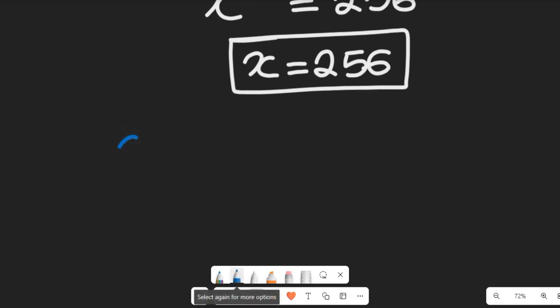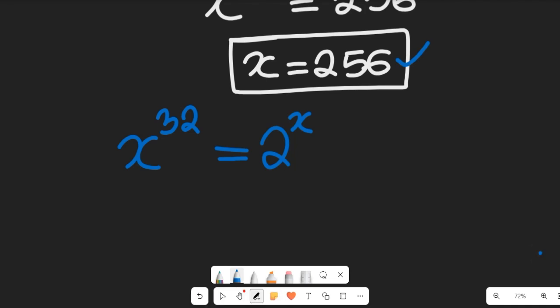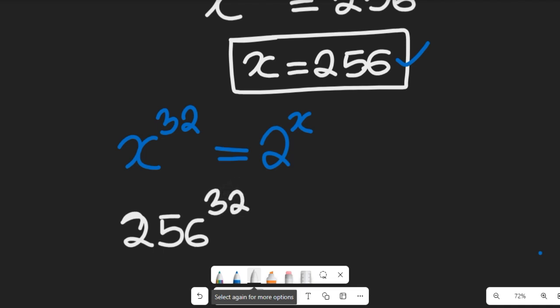We have x to the power of 32. Will it be equal to 2 to the power of x with x equal to 256? Let's check. If we do that, we're going to have 256 to the power of 32 equal to 2 to the power of 256.